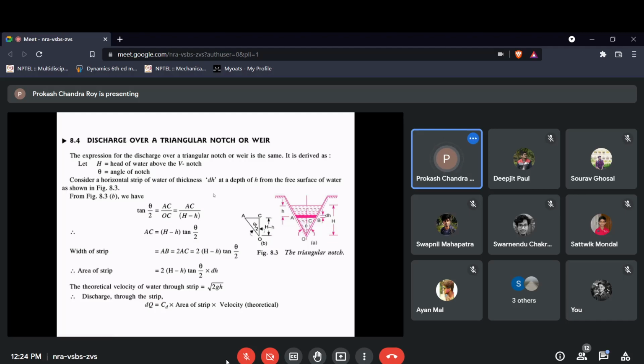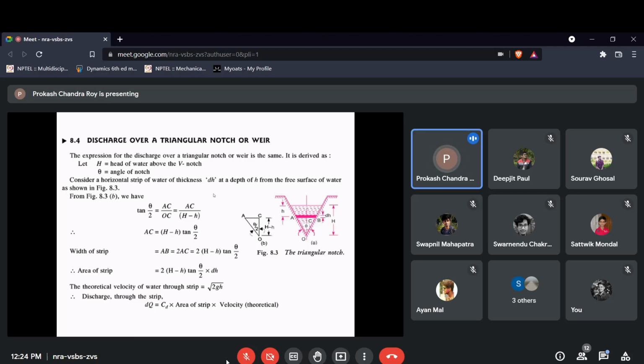We need to consider an element strip with some thickness as well as width. Initially we need to estimate the width first. How do we do that?